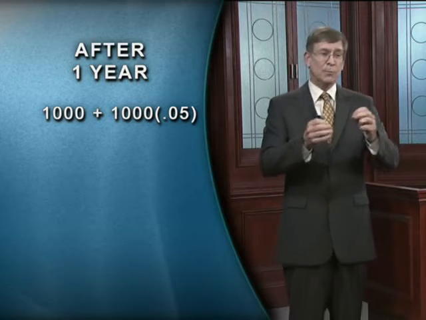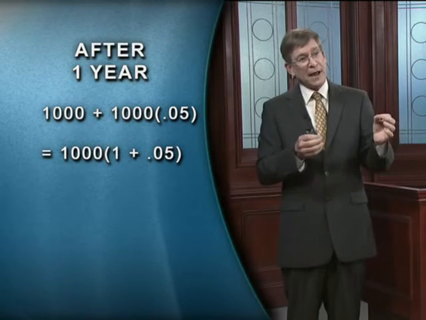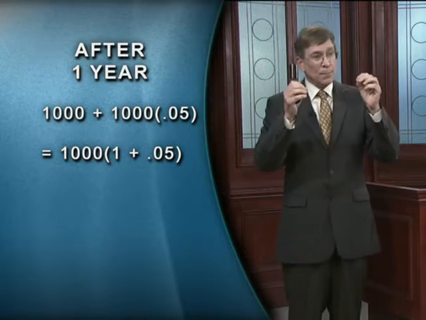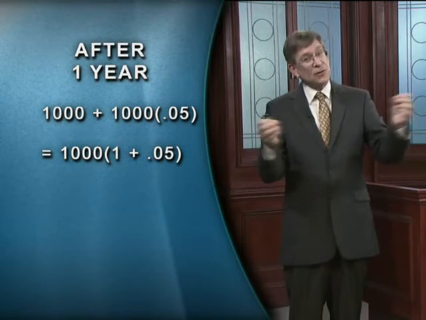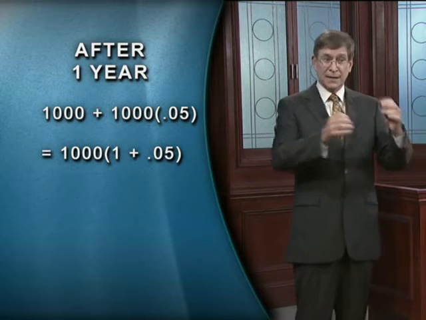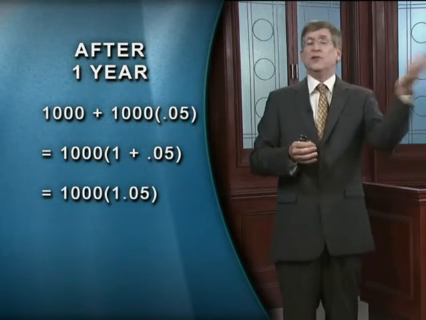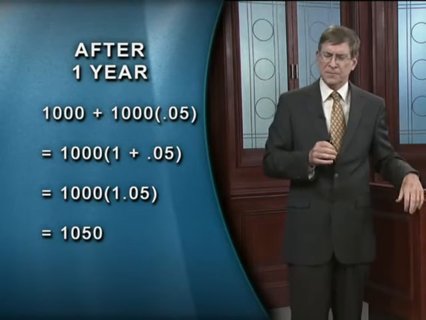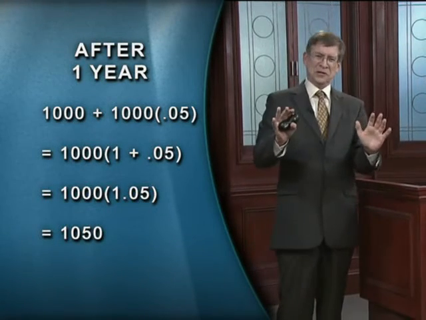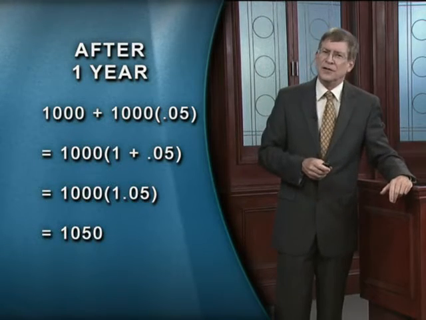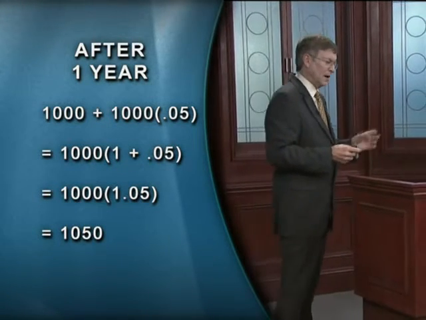So after 1 year, we have the original $1,000 plus the interest we earned, which is 1,000 times 0.05, or 1,000 times 1 plus 0.05. Here I've factored out the 1,000 and left 1 plus 0.05, which can be written as 1.05, or 1,050. So in a nutshell, after 1 year, I've earned $50 interest at 5% on my $1,000 deposit.